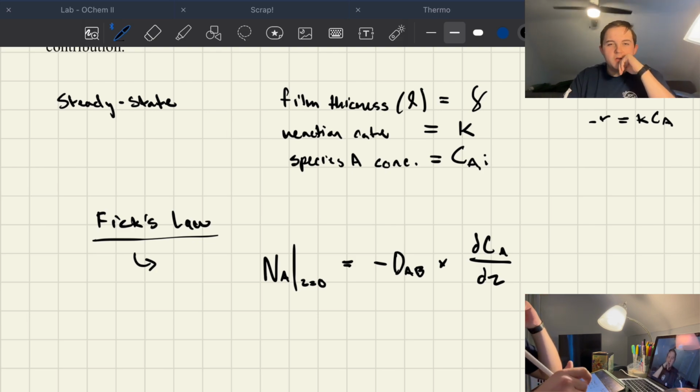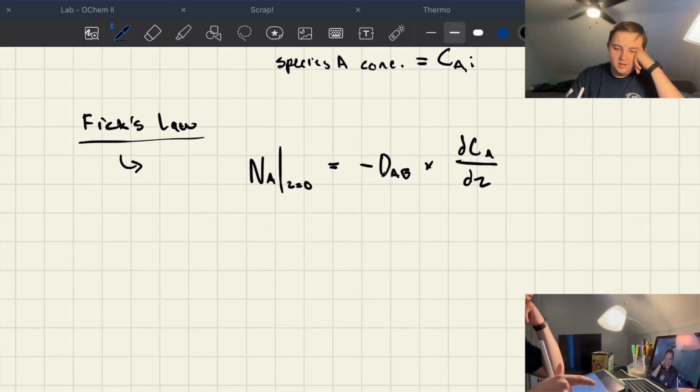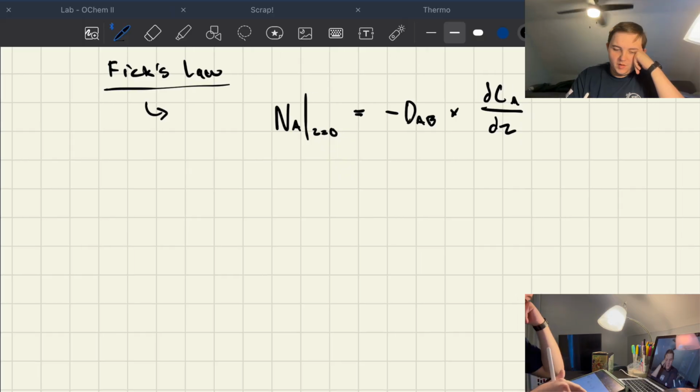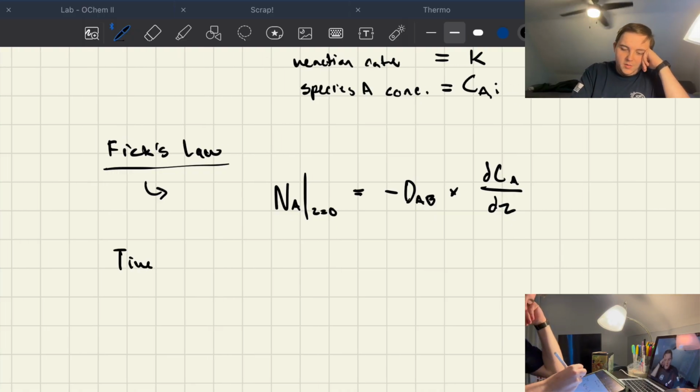And then we can also write a time dependent version of this exact Fick's law mixture thing that we did here.